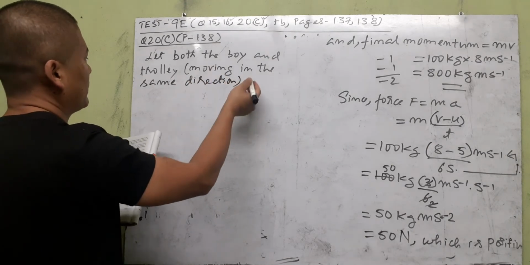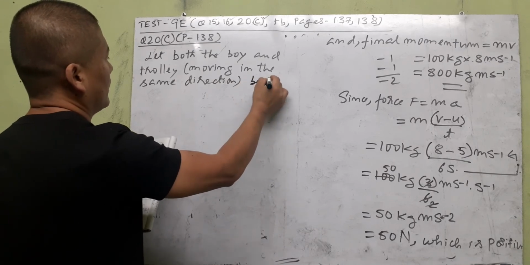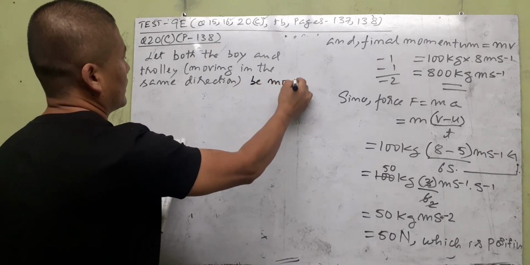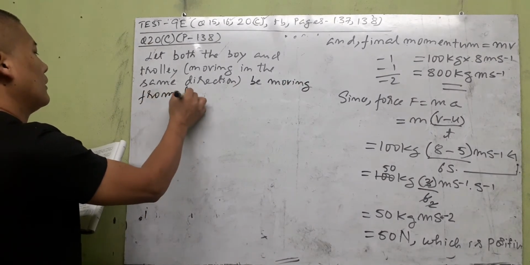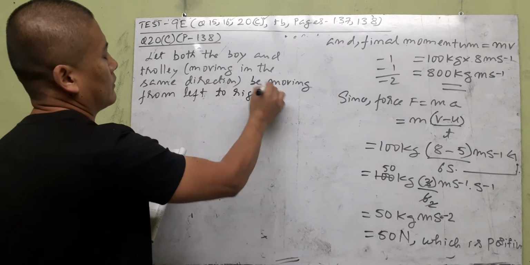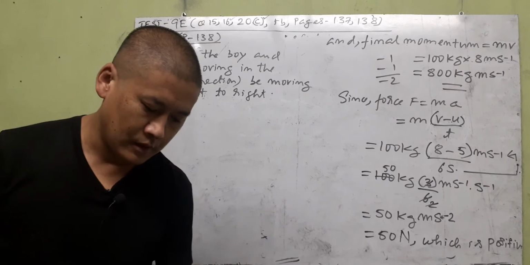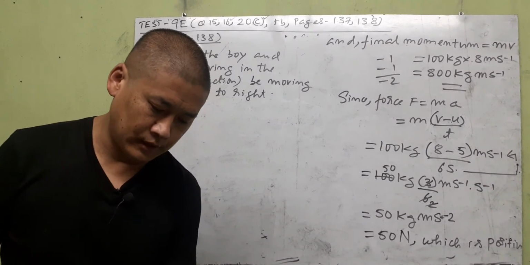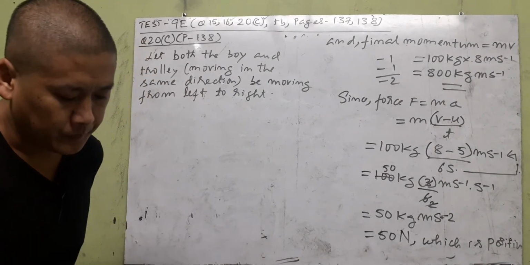So let us presume, let both the boy and the trolley be initially in the original state moving from left to right. We must understand that they are not moving together but separately, but both in the same direction, before collision. What is their common velocity after the boy jumps on the trolley?